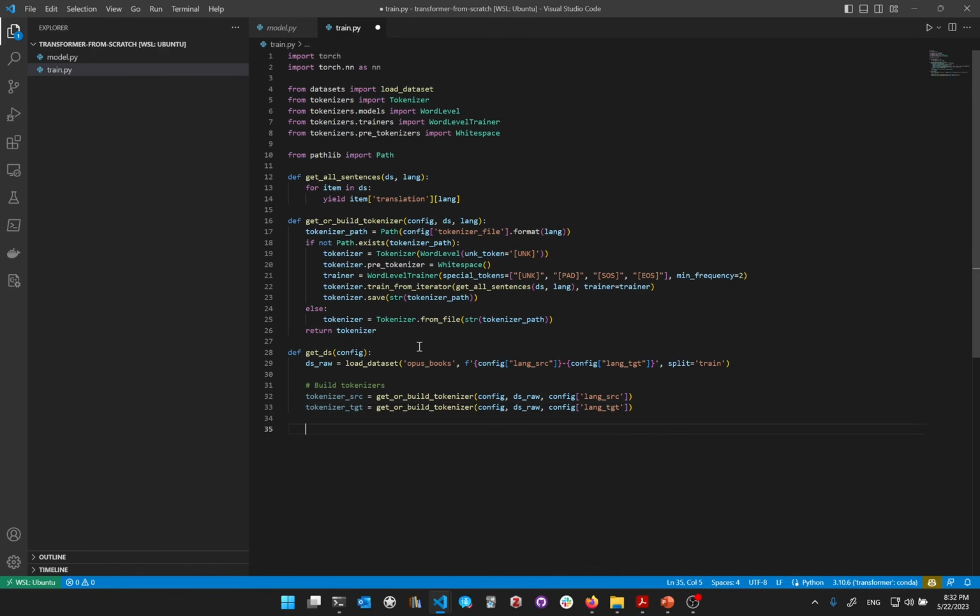Okay, now because we only have the training split from Hugging Face, we can split it by ourselves into a training and a validation set. We keep 90% of the data for training and 10% for validation.